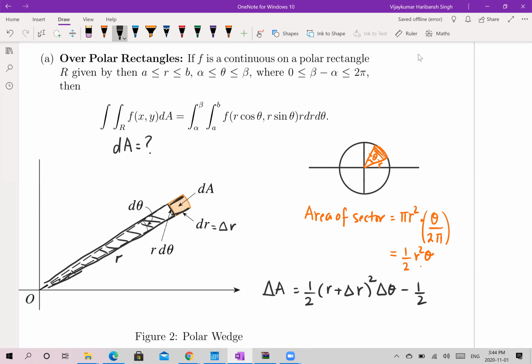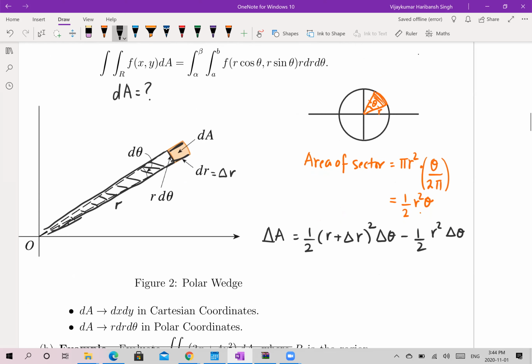From there we remove this, we get half r squared delta theta, and simplification will take us to half delta theta times (r plus delta r) squared minus r squared.